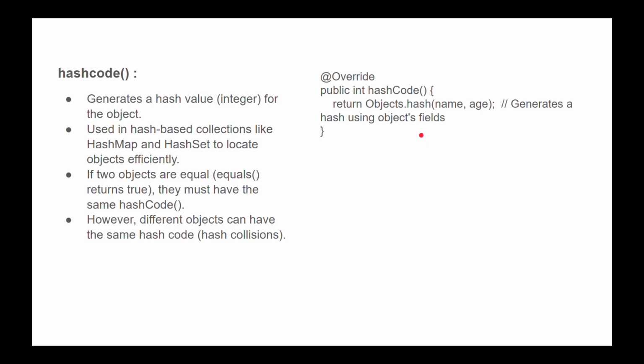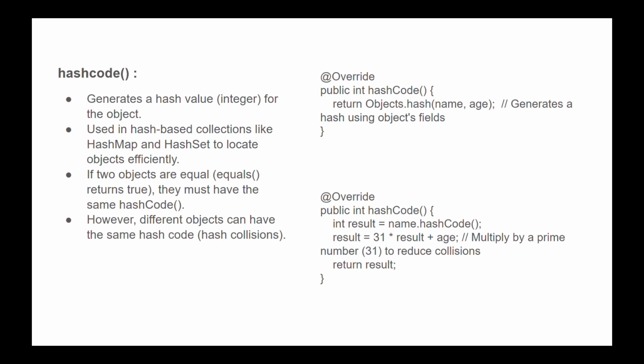And if we want to do a custom hash code to avoid the collision, in the sense that different objects which are not equal can also have the same hash code, and if you want to reduce those scenarios, you can multiply the hash code with a prime number. This will help in reducing the collisions.